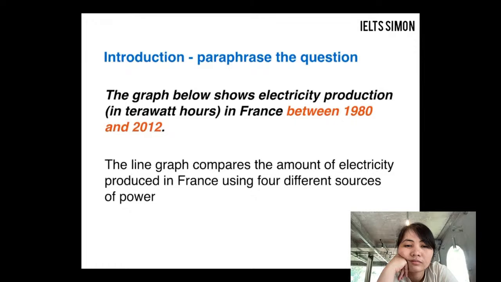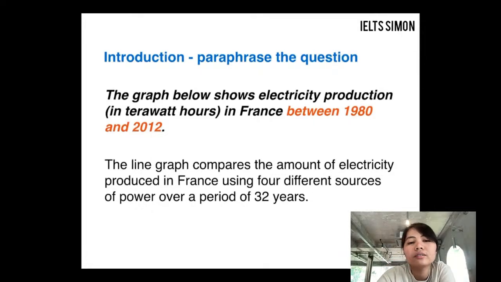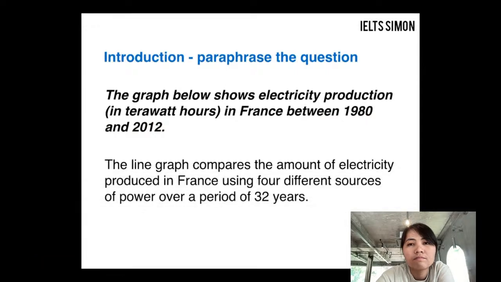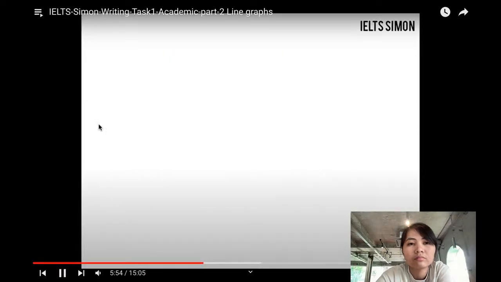A nice way to change that is talking about the length of the period, over a period of 32 years. The full introduction is finished then. The line graph compares the amount of electricity produced in France using 4 different sources of power over a period of 32 years. Now we can move on to paragraph 2, the overview.